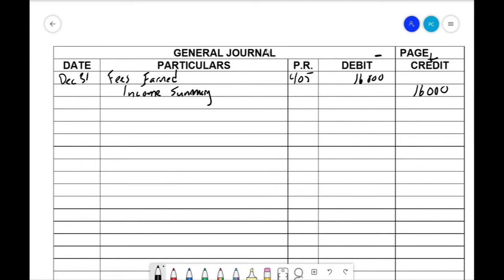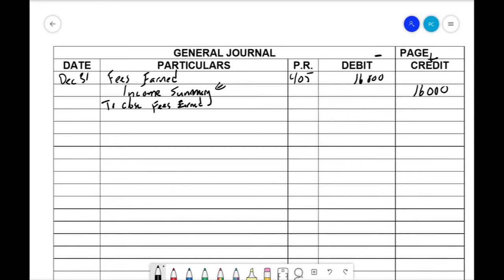You put the opposite of its regular increase to reduce it to zero. There was 16,000 in that account, so now there's nothing, and it goes into an account called income summary. Then your note would be to close fees earned.